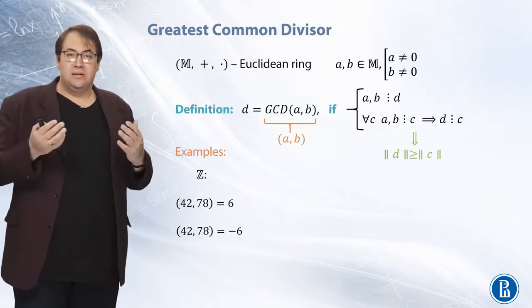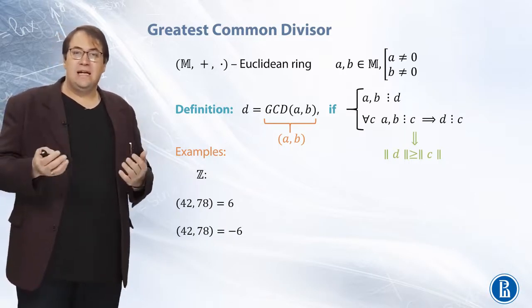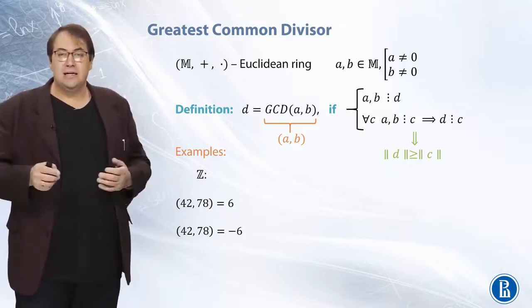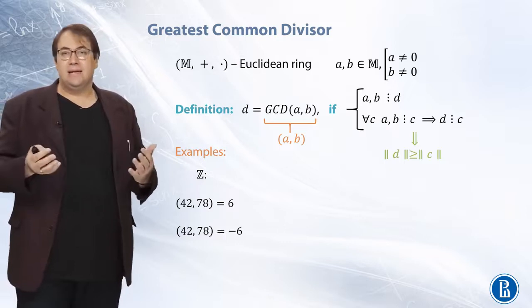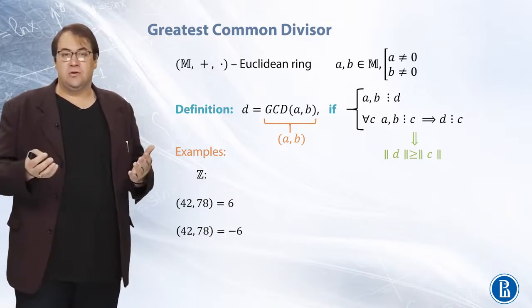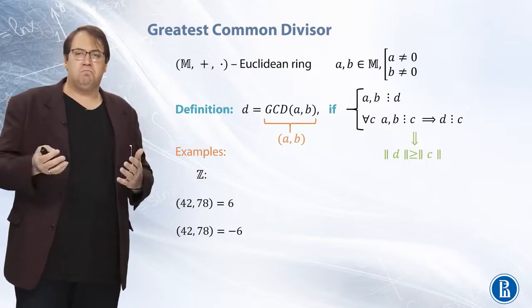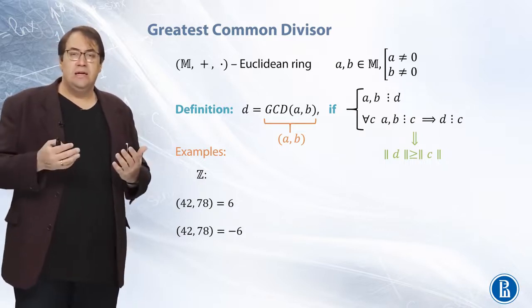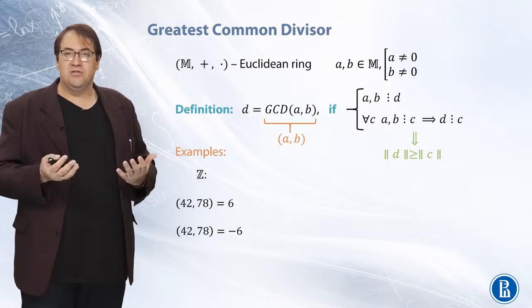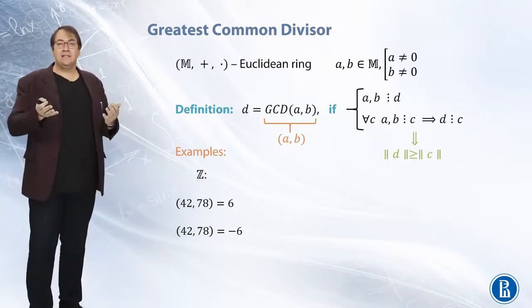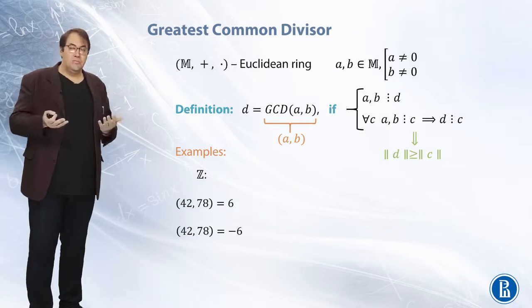Well, 42 and 78 are divisible by both 6 and -6, and also if we take an arbitrary common divisor of 42 and 78, for instance, they're both even, so 2 is their common divisor, number 2. And both 6 and -6 are divisible by 2.